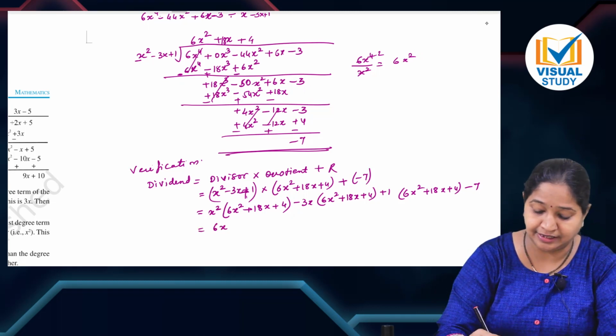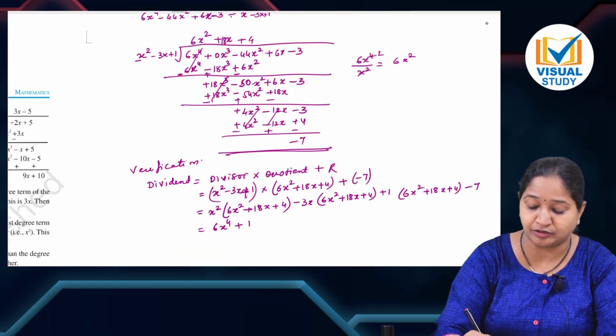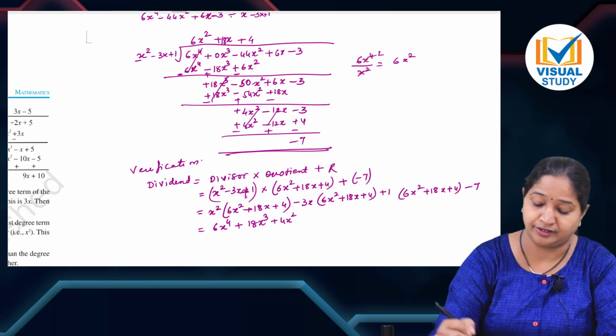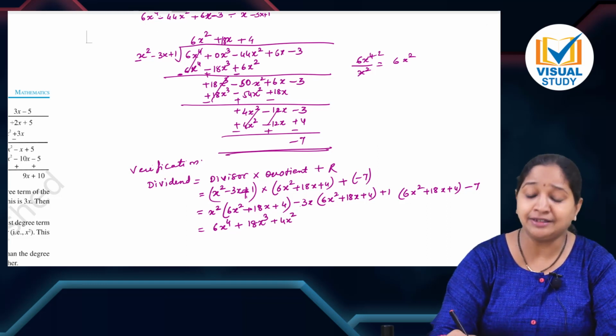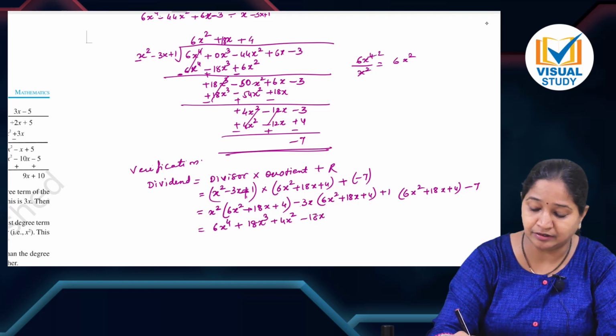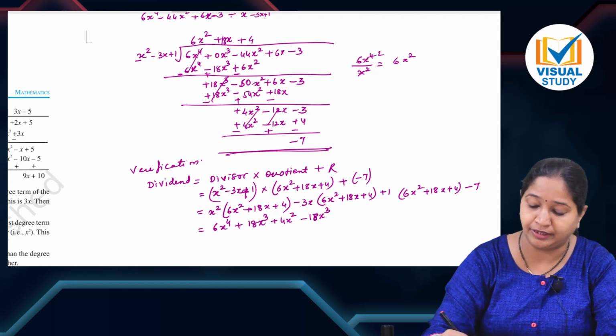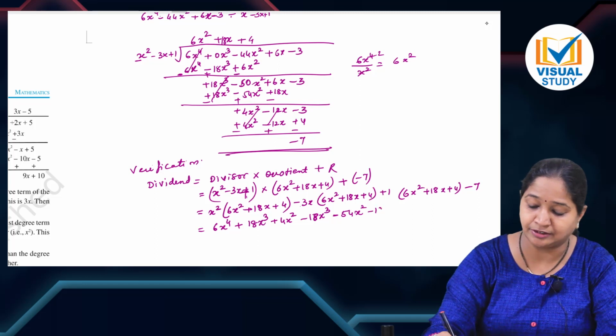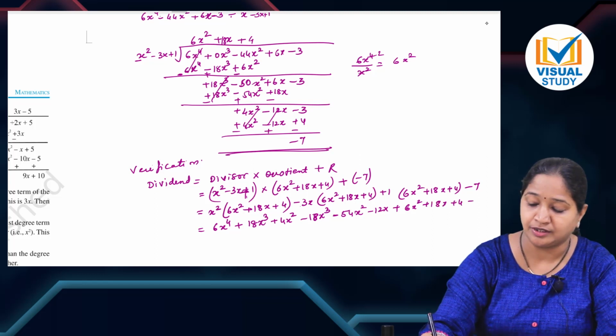Multiply it. 6x raised to 4 plus 18x cube plus 4x square. Minus into this is minus 18x cube, minus 54x square minus 12x, plus 6x square plus 18x plus 4 minus 7.